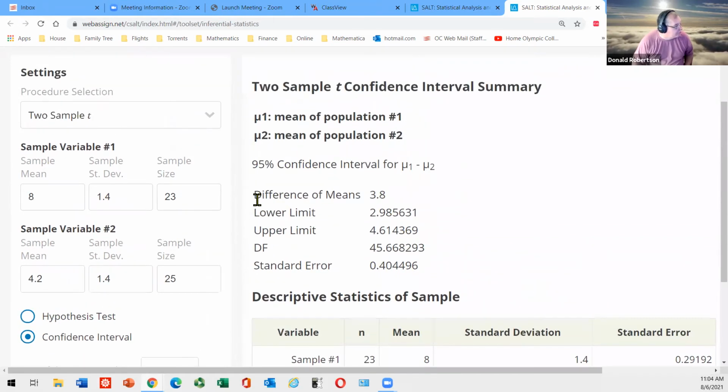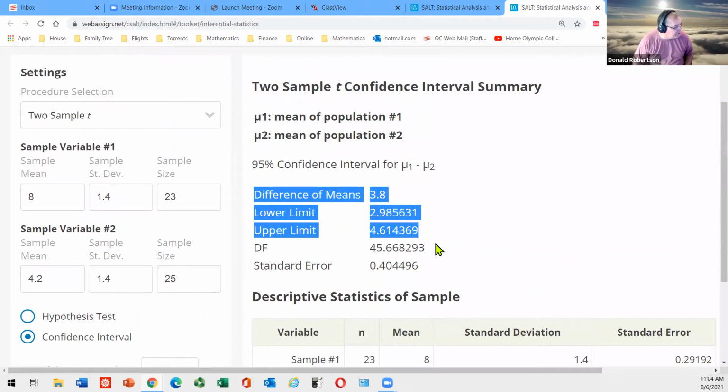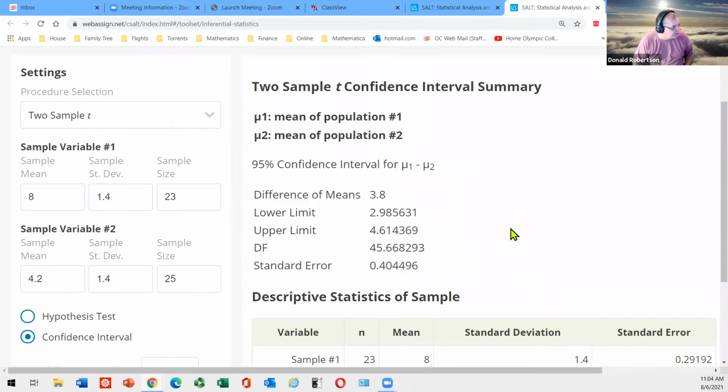And the most likely numbers that you're going to be asked to fill in are these guys here. So the difference between them is 3.8. The lower number is 2.98. The upper number is that. Do you see the degrees of freedom is a weird calculation now? It's not size of data takeaway 1. Do you see how weird it looks?